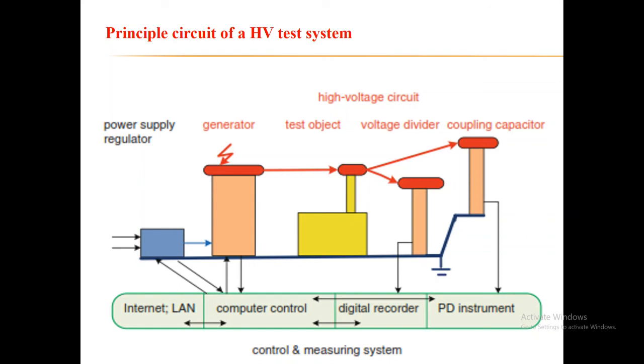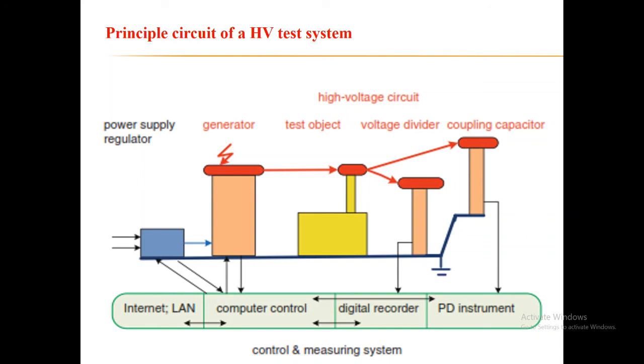Okay, then the coupling capacitor. If one is performing the test under DC stresses, then we need to remove the ripples. To remove those ripples, the coupling capacitors are normally utilized just to remove the harmonic content from the produced DC voltage. The coupling capacitors can also be found during the partial discharge test.